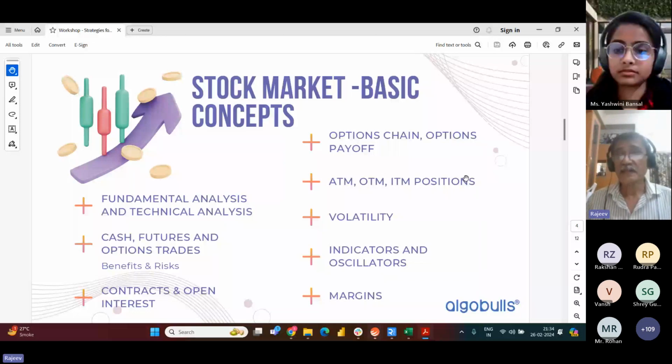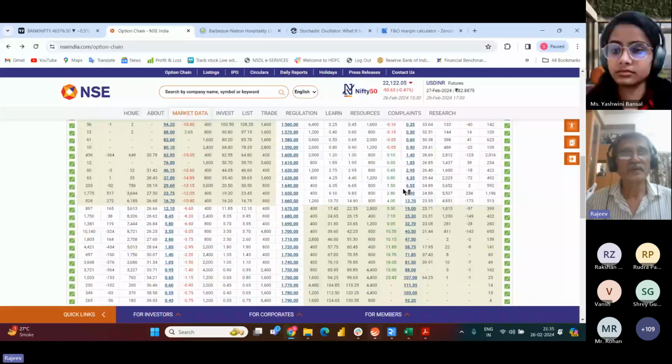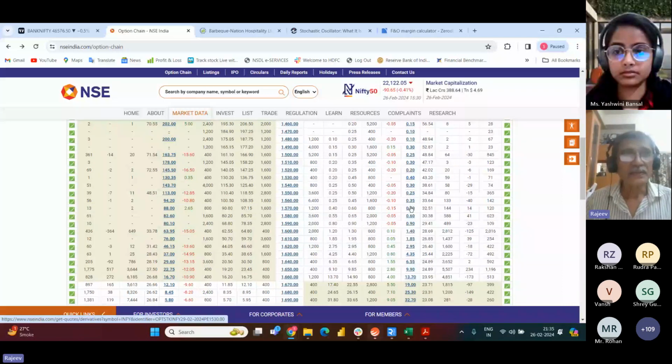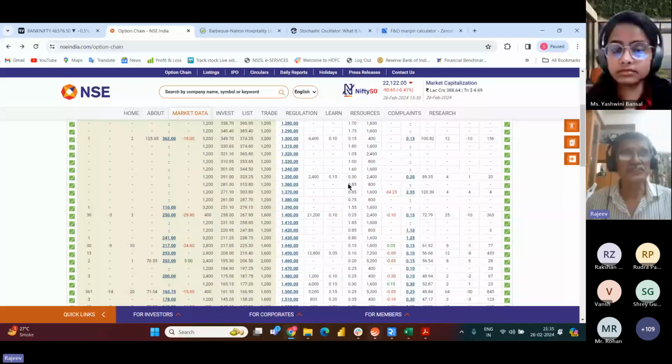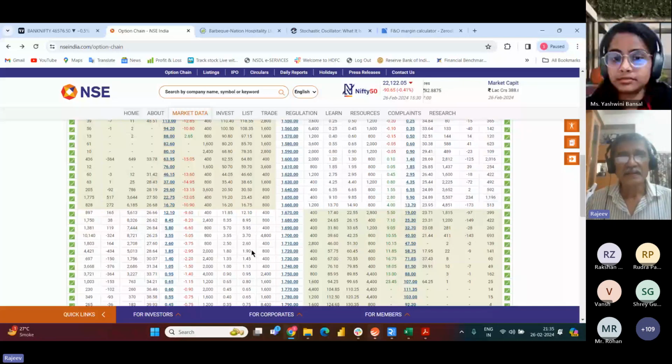About options again, I'd like to talk about ATM, OTM and ITM. Again, I'll go back to that Nifty options chart. So here if you see, the current market price of Infy is 1660. And if you see this line here, it is 1660.